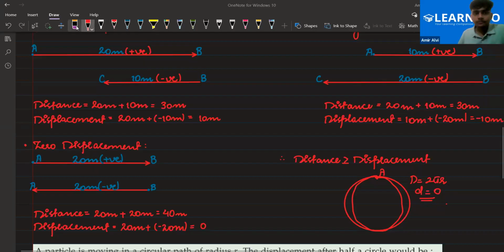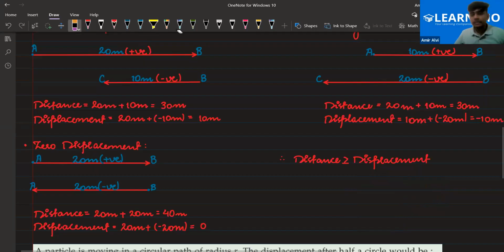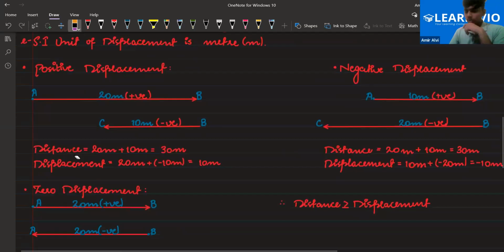Clear, both of you? Yes, sir. Please note it down fast. This is important to understand. Is that clear? Completely clear. Please be honest with me, everyone. Crystal clear? Yes, sir. Chalo, theek hai. Please note this down fast, and let me know once done. After that, we'll do a question based on that.